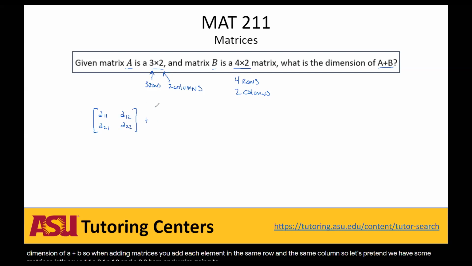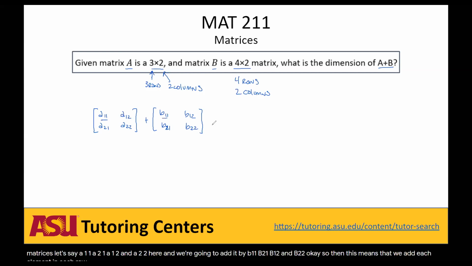And we're going to add it by B11, B21, B12, and B22. Okay? So then this means that we add each element in each row and column.